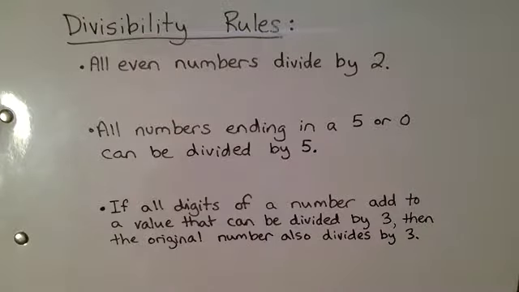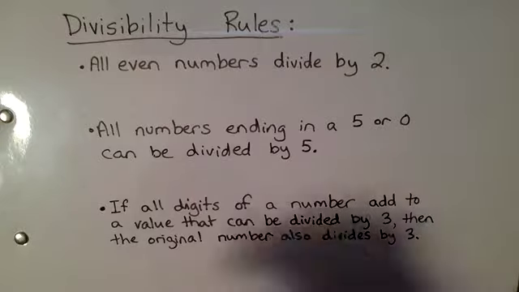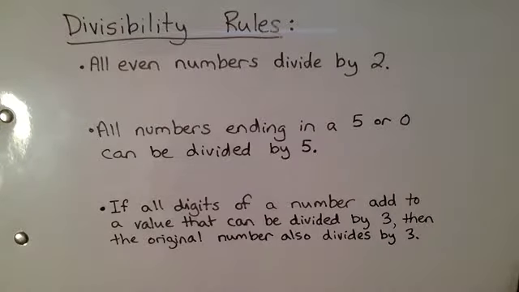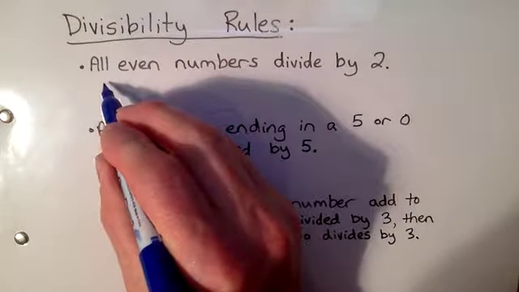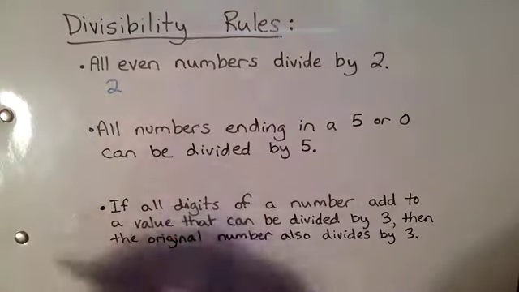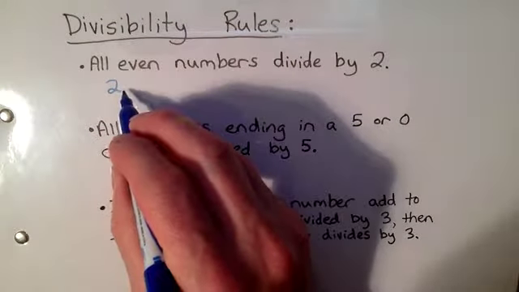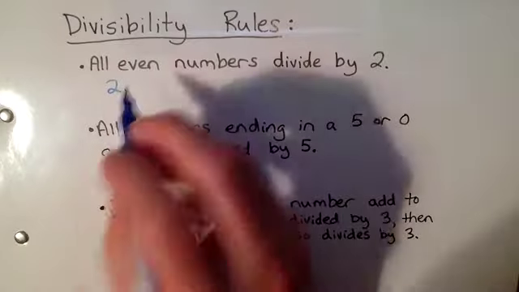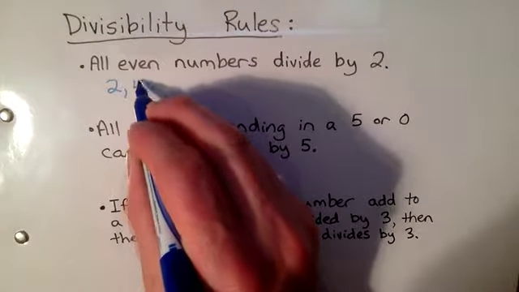If we make a list of the multiples of 2, this can show you why. First of all, 2, and if we continue multiplying by 2, the next number we get to is 4.